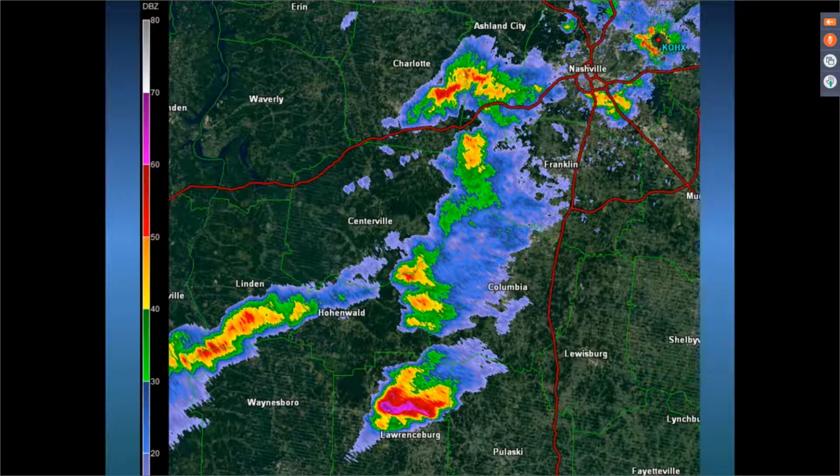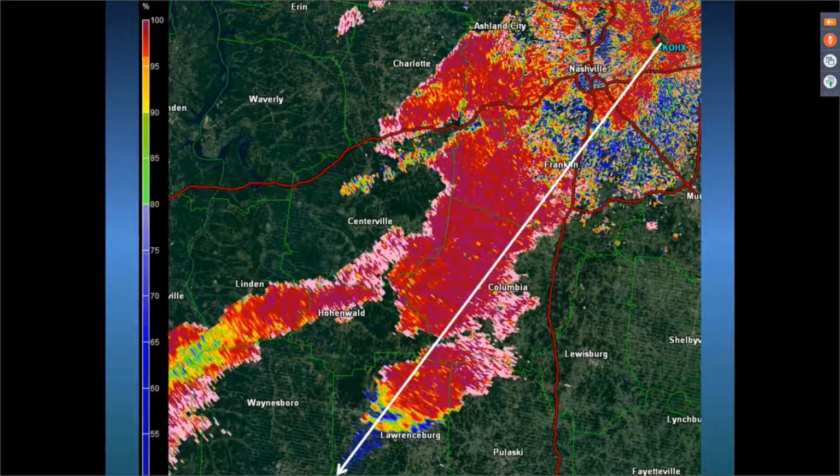So if we saw that on radar, we would know there's definitely large hail aloft in that storm north of Lawrenceburg, and it could be reaching the ground. So we'd want to be looking at that area for possible large hail. And there's an arrow showing that direction that we're looking at from the radar site.